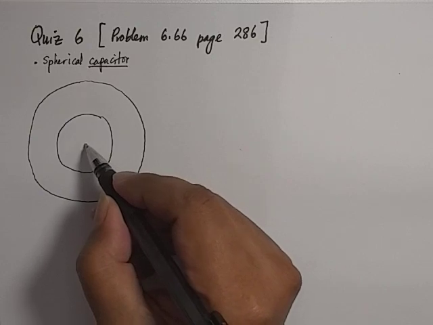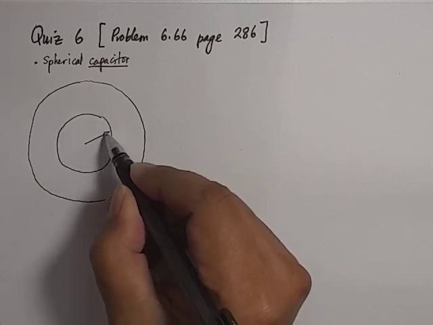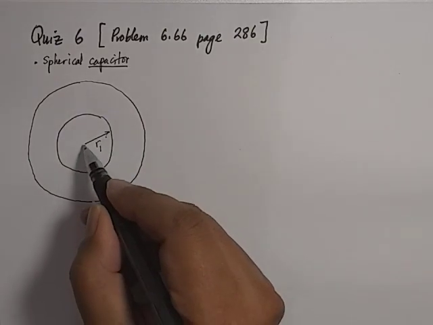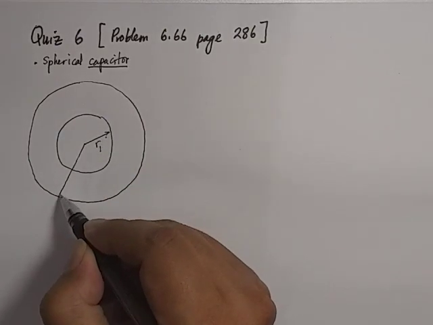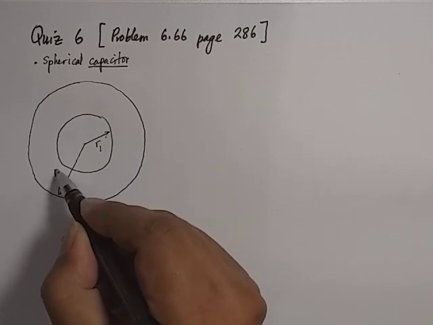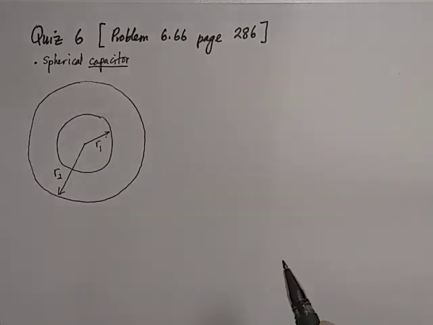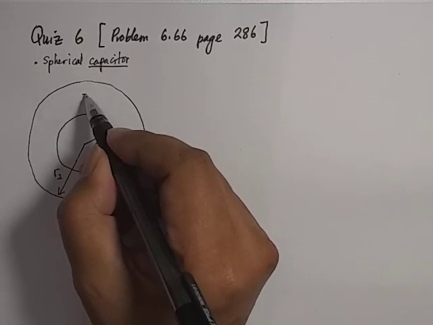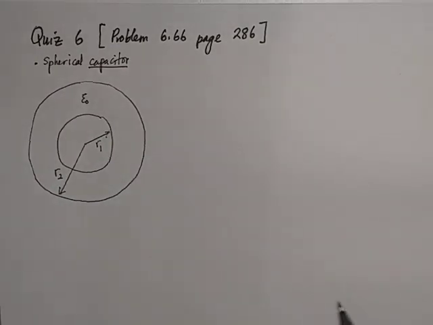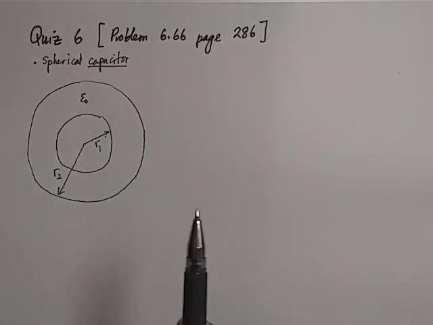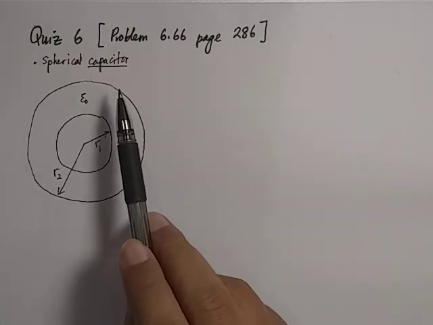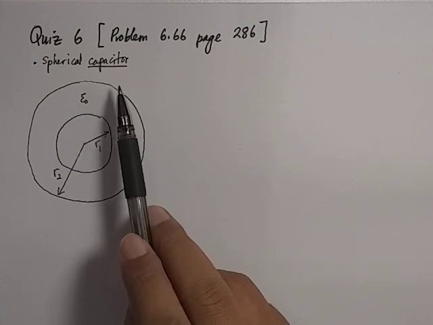Let's denote the inner conductor as having radius R1, and the outer conductor having radius R2, and assume the medium between the two conductors to be free space, having permittivity epsilon naught. So that is what we have regarding the statement given by the question: Earth is a spherical capacitor.